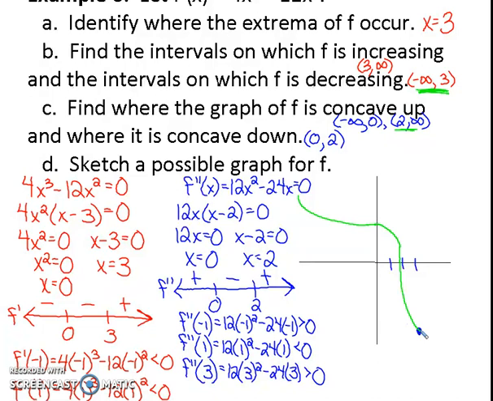And then from 3 to infinity, I'll begin increasing, and I'm also concave up. So the whole rest of my graph could look something like this. Yours doesn't have to look exactly like mine, but you should have 4 curves that are similar to my 4 chunks of curves. All right, so that wraps up example 6. I'm going to make one more short video for example 7 that I encourage you to watch.